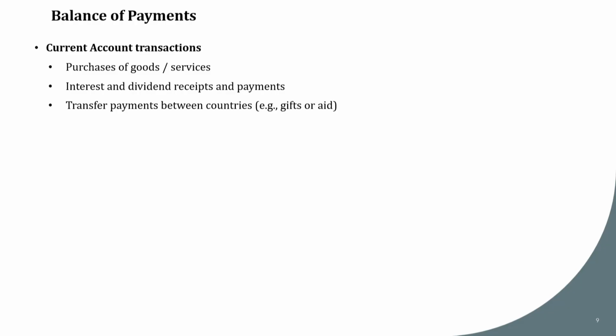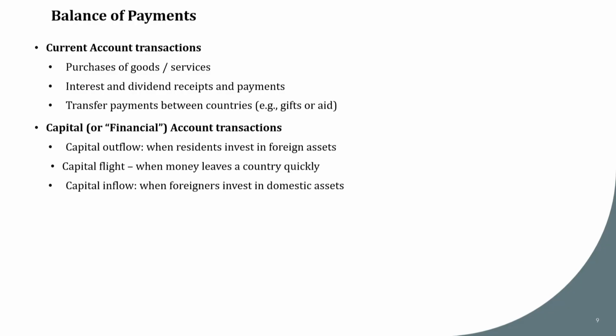To summarize, let me briefly go over the components of the balance of payments. The current account transactions include mainly the purchases of goods and services, that is exports and imports. Then the income payments, that is interest and dividend receipts and payments, and transfer payments between countries, gifts or aid.